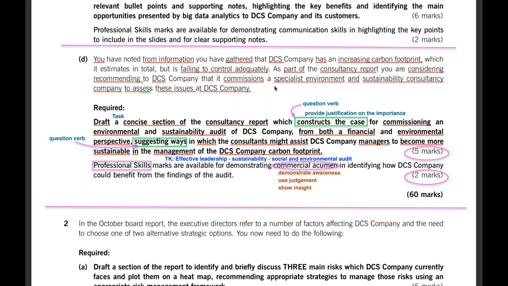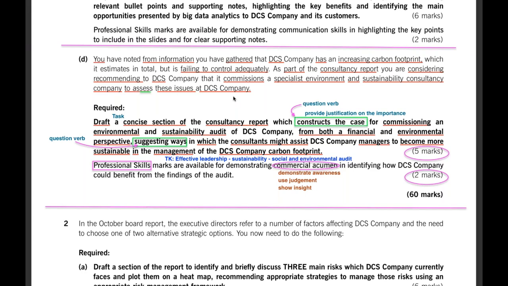So what happened here is that as part of the consultancy report that you are considering recommending to DCS, it commissions a specialist environment and sustainability consultancy company to assess these issues at DCS.